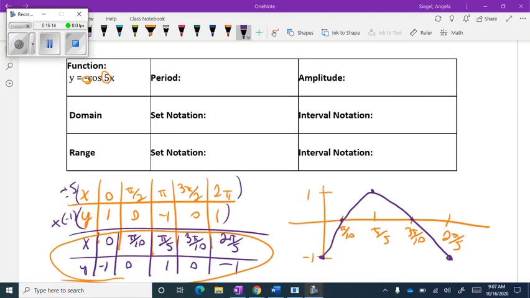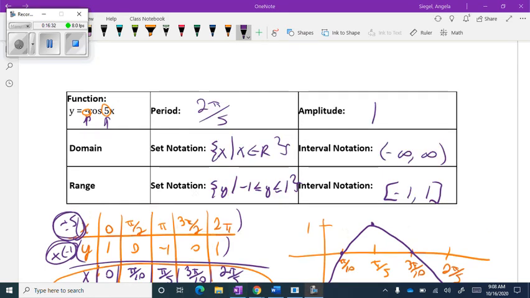So this is what your graph should look like. Notice I divided my x's by 5 and I multiplied my y's by negative 1. So that affected the graph as far as the y values. I just flipped it and that condensed it by a factor of 5. Okay, now see if you can answer the top part.